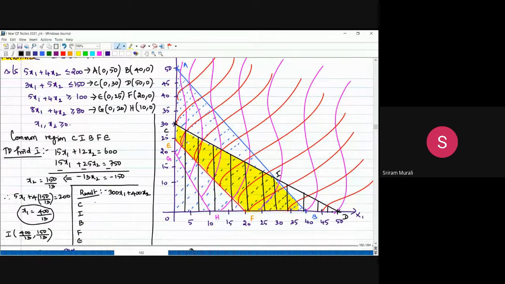At C, what is the answer? It is 300 into 0 plus 400 into 30. It is 12,000. At I, what is the answer? I is 400 by 13, so this is 1,80,000 divided by 13. At I. B and F to be done.